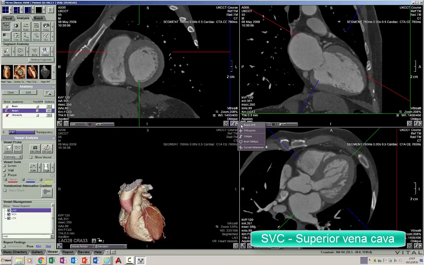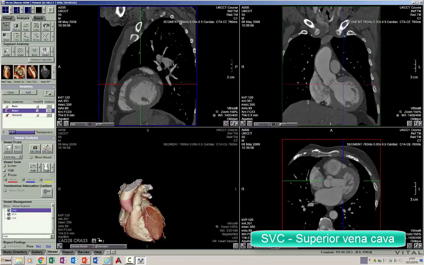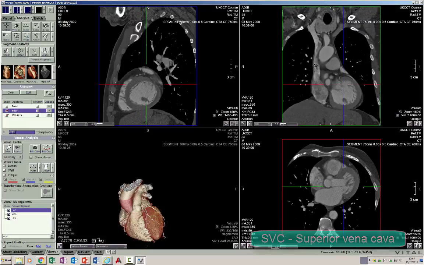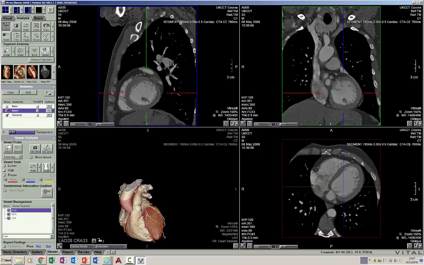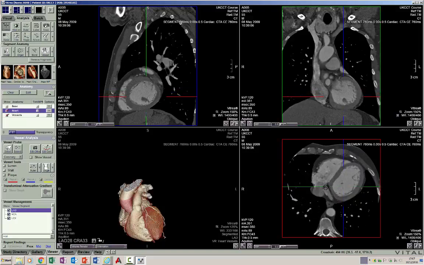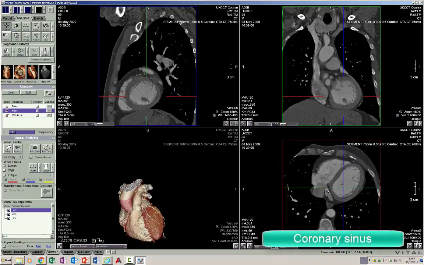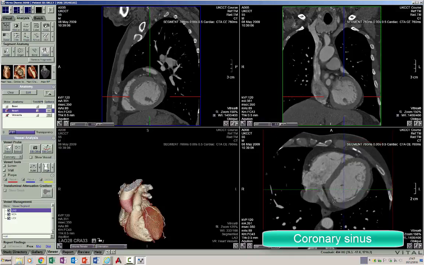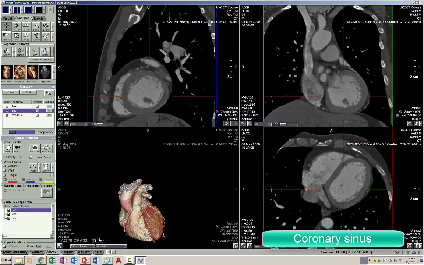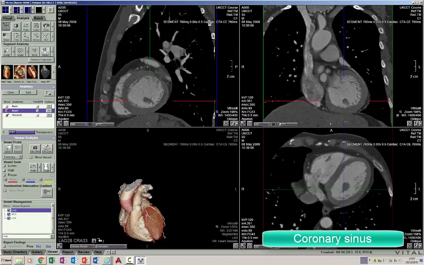And let me reset these images and show you here. So we have the SVC going up, and inferiorly, besides the IVC, we will also have the coronary sinus. This is a coronary sinus, and this is the IVC here, posterior to the coronary sinus.